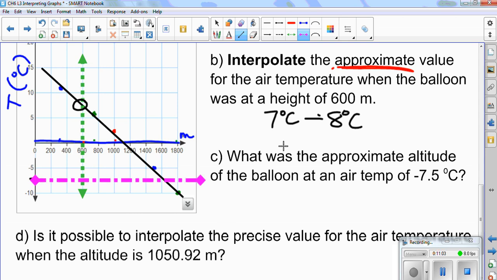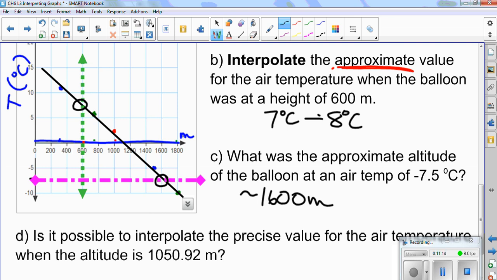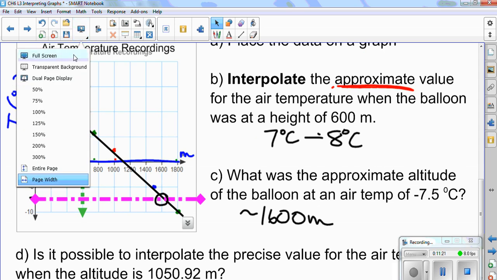And then where the lines meet, which is about here, we could say that that's pretty close to an altitude of 1,600 meters. Maybe a little bit below, maybe a little bit above, but we're looking at approximations here, so it's approximately 1,600 meters.